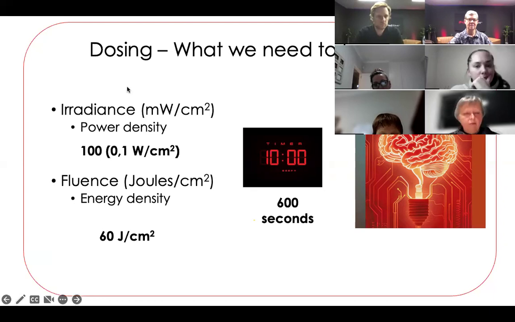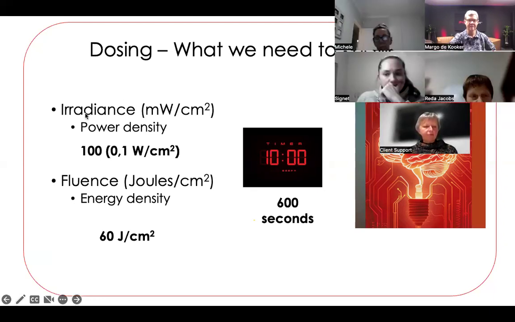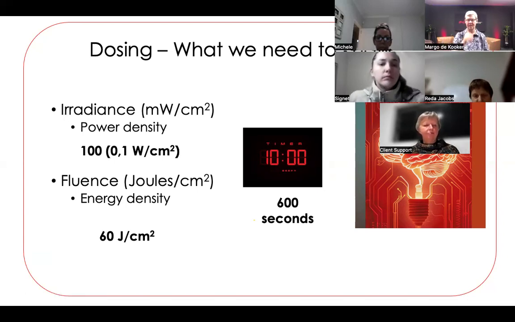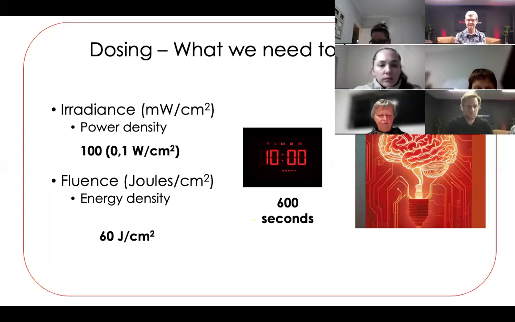So it's quite important for you to know, I've got a device. This is its irradiance at the distance that I have this device, and I'm going to start on the recommended dose, and if my patient gets too hot, I can lift the device, or I can shorten the time. But we'll talk about that, because sometimes what you want to do is rather lift the device and keep the time so that there's exposure than shorten the time, and then there's not enough exposure for the system to adapt.